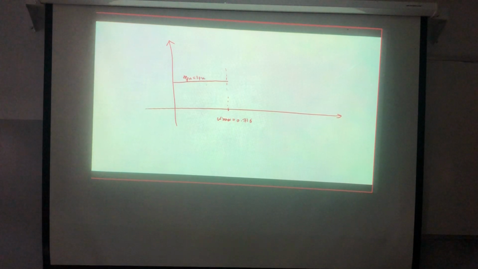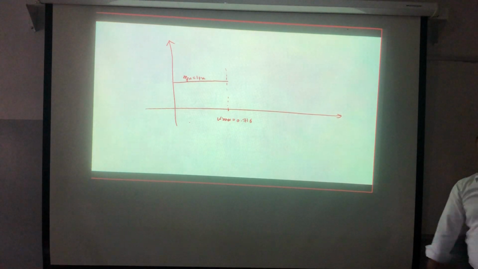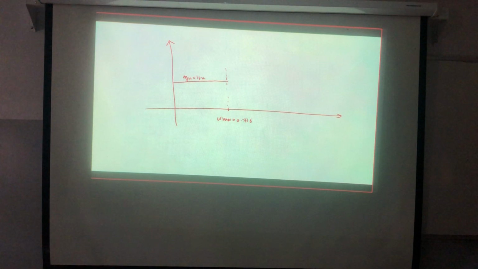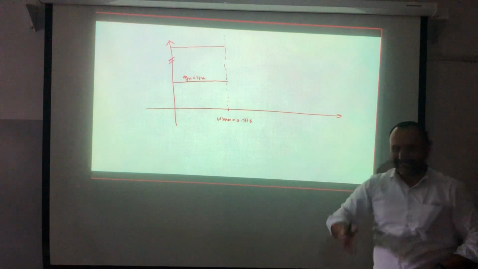Why? Because in VA control, the flux is constant. Now, I need to plot the torque normalized. It will be 3, so it will be somewhere here. Let's assume that this one is 3, I know it's not.